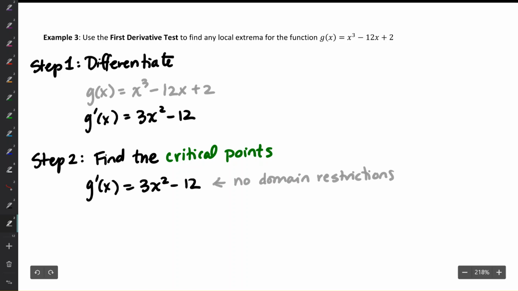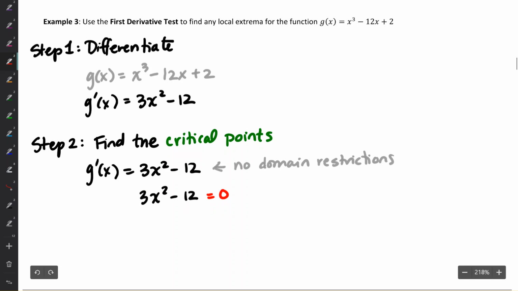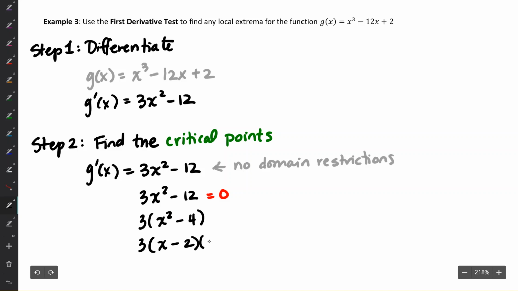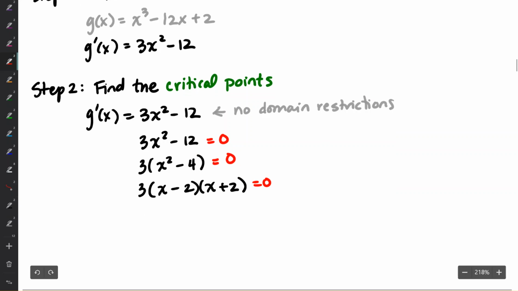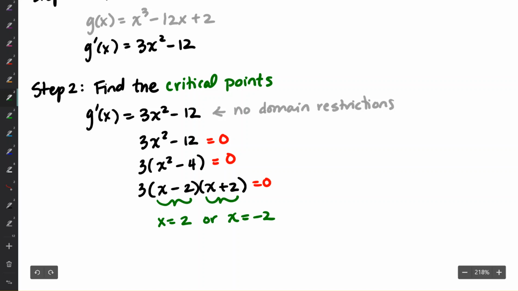So there's no critical points there, but we do have an x value such that g prime is 0. Let's factor out that 3. And that's a difference of perfect squares. So our critical points are from here and here, x equals 2 or x equals minus 2, right?